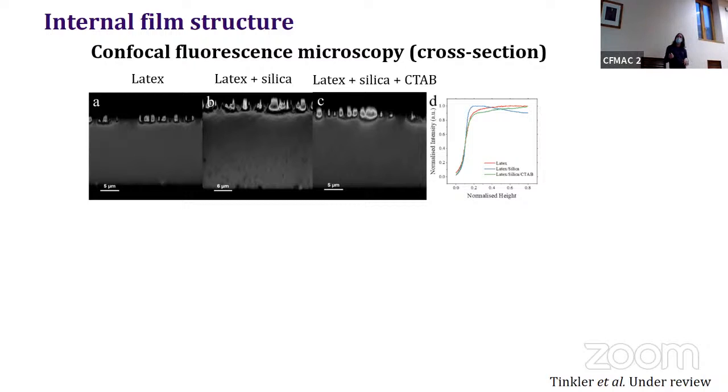With latex plus silica, there is a reduction of intensity at the top because there is more silica, and it's not letting the light go through as well. And with latex plus silica plus CTAB, again it is more homogeneous, so you don't have a layer here anymore. It's probably clearer in these integrated profiles. You can see that for latex plus silica there is a drop in intensity close to the interface, but for the other two, you don't have any.